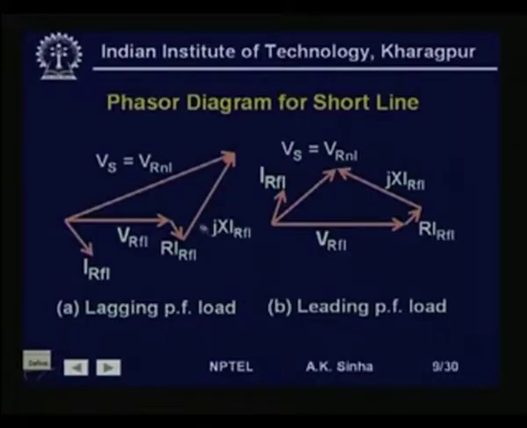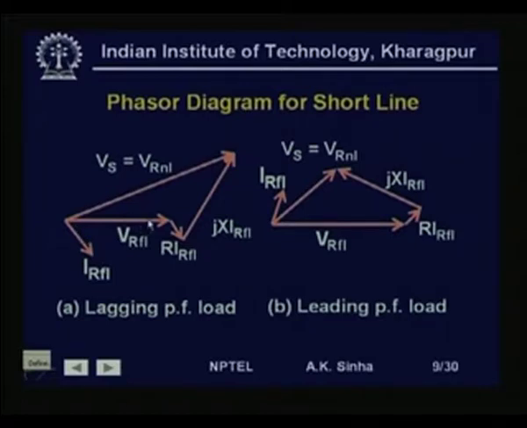The phasor diagram for short line can be developed. We can start with the voltage at the receiving end at full load. So, V r F L as the reference voltage, and we have a current I r at full load, which is in this direction, that is lagging the voltage by some angle theta.